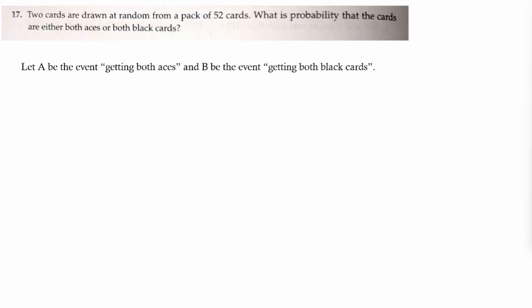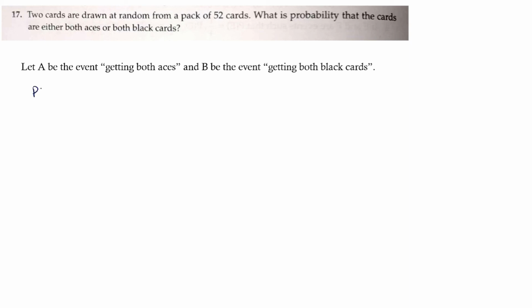Next question. 2 cards are drawn from a pack of 52 cards. What is the probability that the cards are either both aces or both black cards? So let us take that A be the event getting both aces and B be the event getting both black cards.